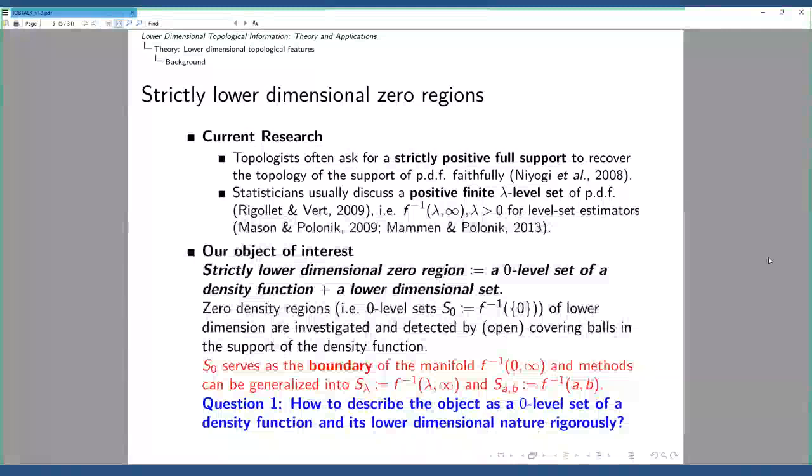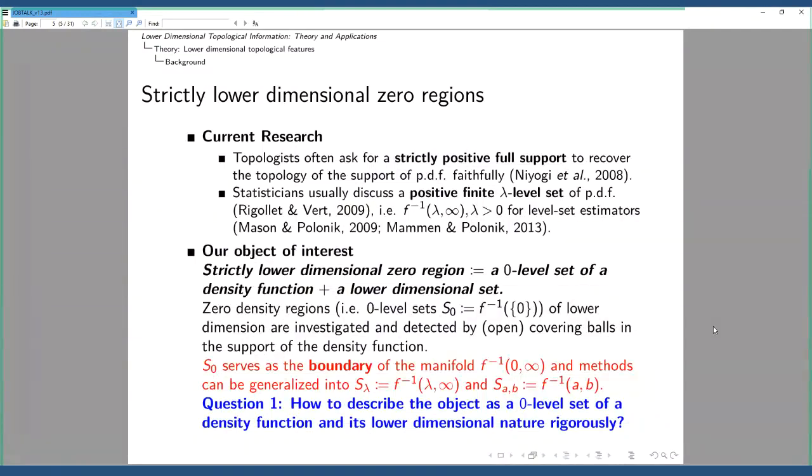We define the lower dimensional zero density region to be a zero level set, which means that it's an inverse image of the single-point set {0}. We're sort of abusing the terminology here because now we're investigating the inverse image of a set which contains only the point 0, instead of an interval like defined above.